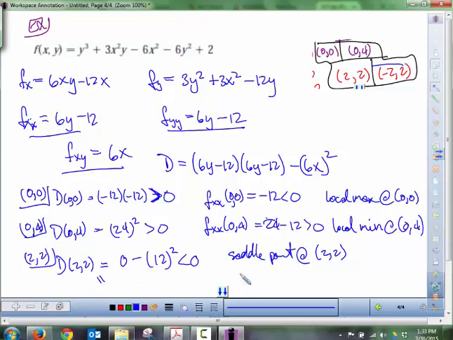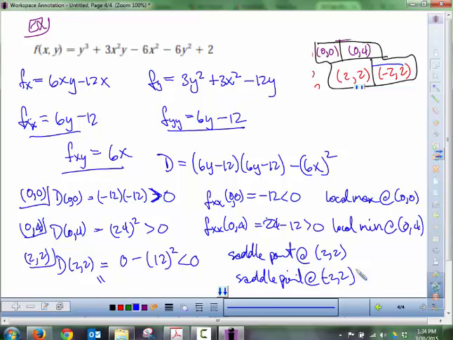And I think if you do the same sort of work, you get another saddle at negative 2, 2. So there, classified. So we found the critical points, we classified them, and we're done.